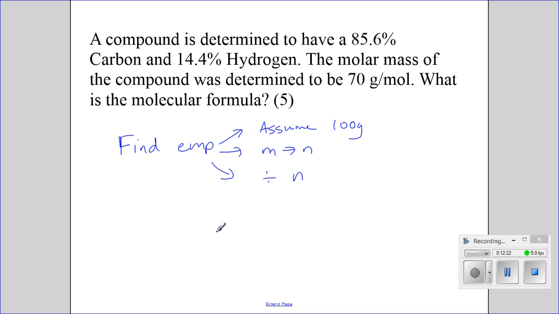And that should give you a ratio. Then what you're going to do to find the molecular is divide the molar mass of the molecular by the molar mass of the empirical. You'll get a value, multiply this value by the empirical formula, and you will get the molecular formula. Those are the steps that you need to take to answer this question.